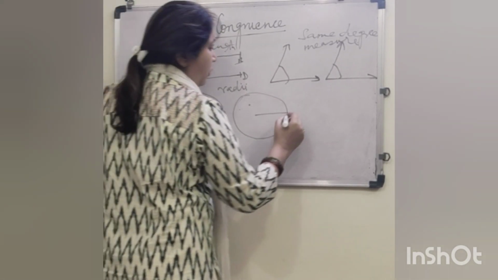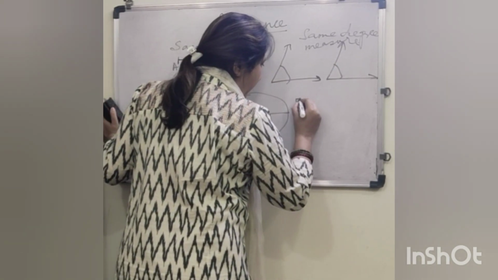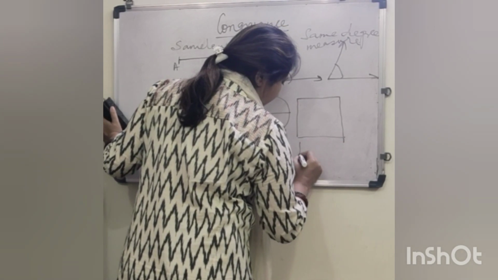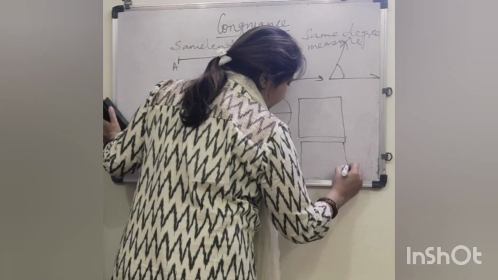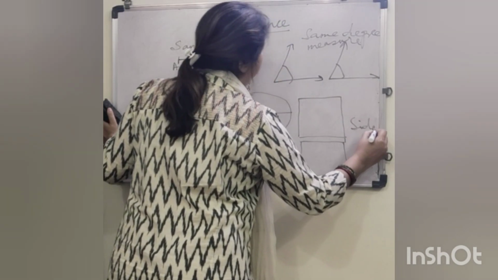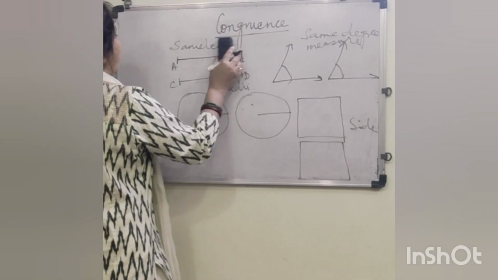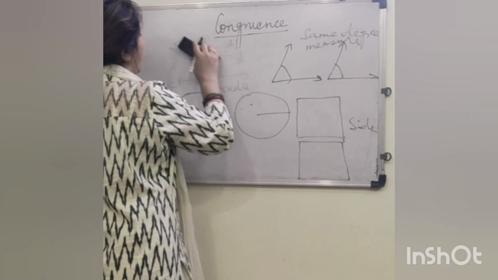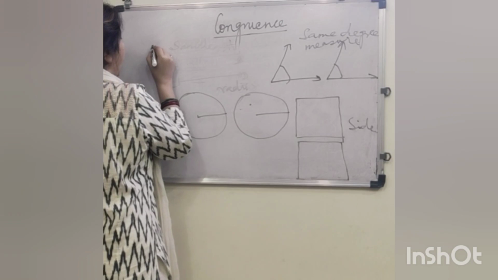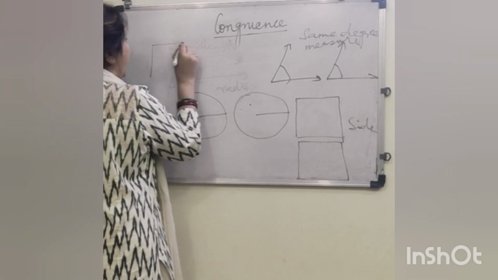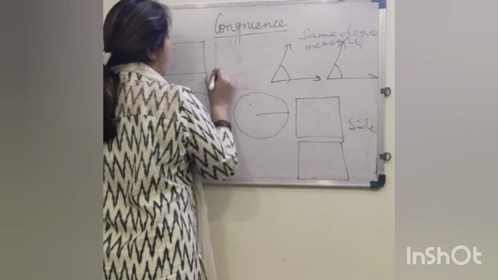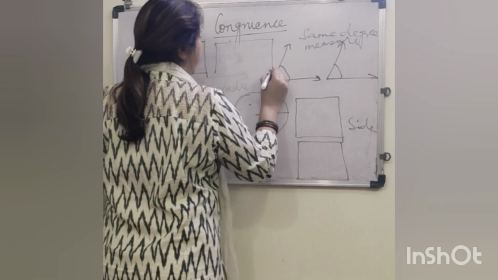Fine. Two squares are congruent if they have the same side. Likewise, two rectangles are congruent if they have the same length and breadth.